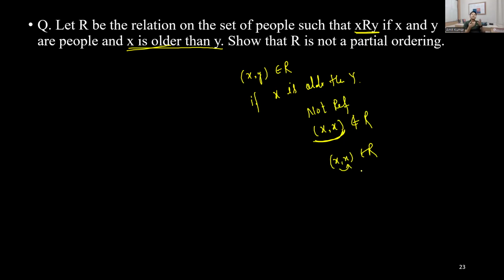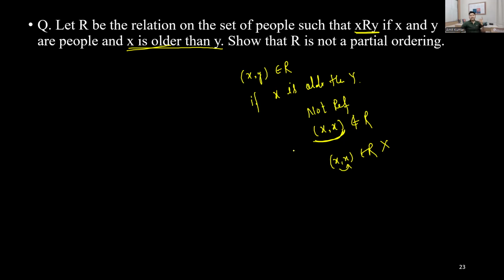Myself can't be older than myself. If it were equal or older, then it may work. But older means it will not work. So (X, X) does not belong to R, so the relation is not reflexive.